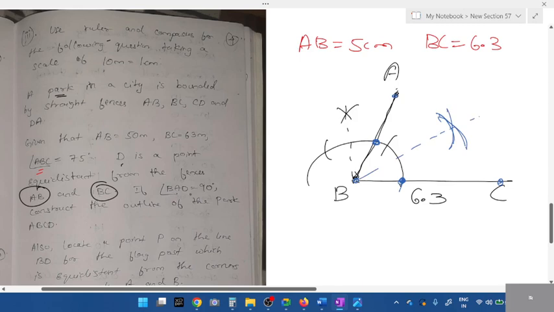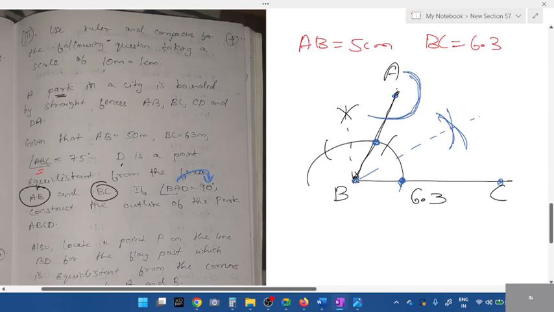Read the next one. If angle BAD is 90 degrees, where do you have to draw 90 degrees? At which point? It's a lengthy competency question. On which point do you have to draw 90? On angle A. You turn your answer sheet and at angle A you draw 90 degrees here.